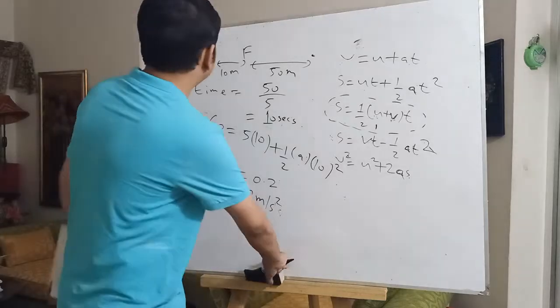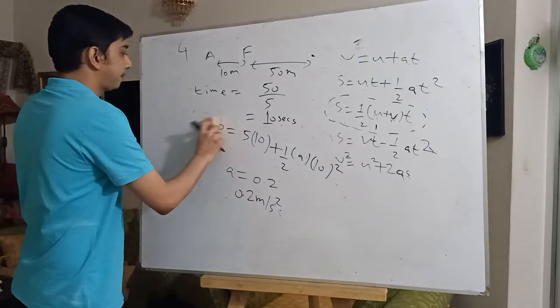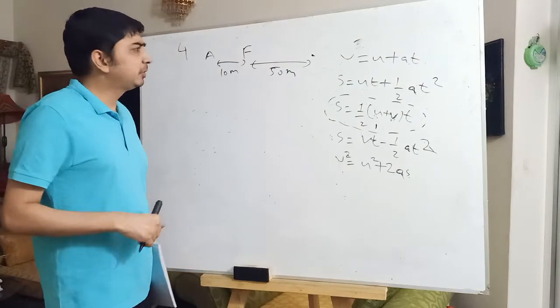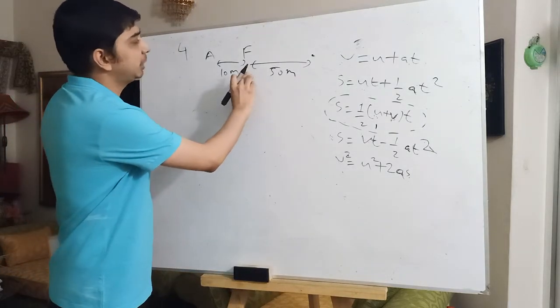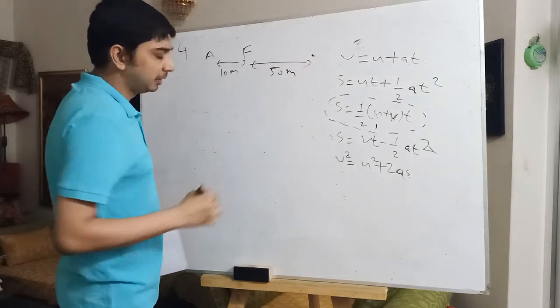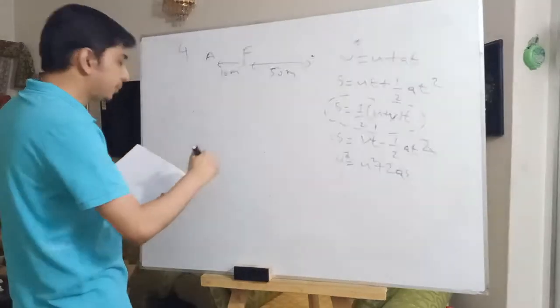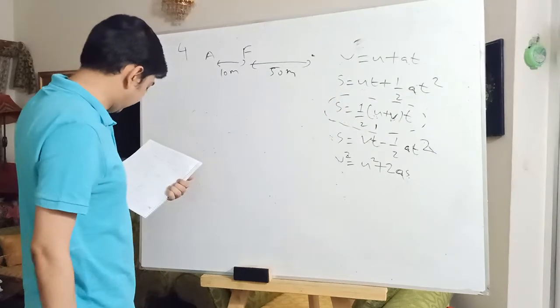So let me first rub this. So let's proceed in the same way. So I have to find the time it takes Fatima to go from here to the finish line. So again let me use s equal to ut plus half at square.